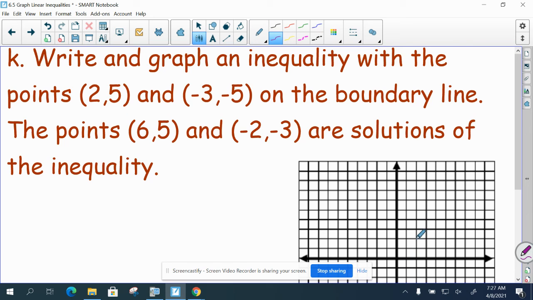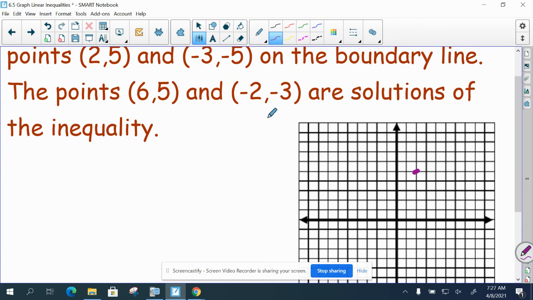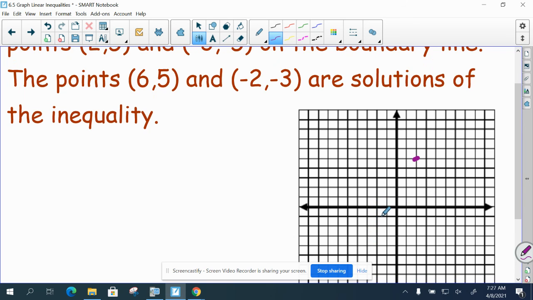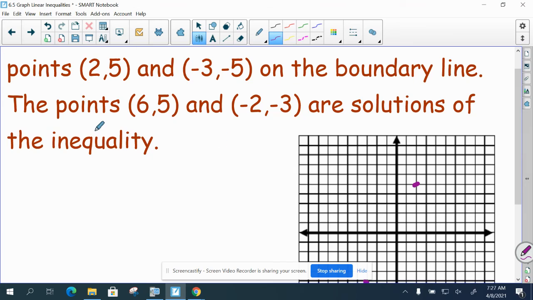So 1, 2, 1, 2, 3, 4, 5. And then (-3, -5). So 1, 2, 3, 1, 2, 3, 4, 5. Okay. And then it says, with (6, 5) and (-2, -3) as solutions of the inequality.